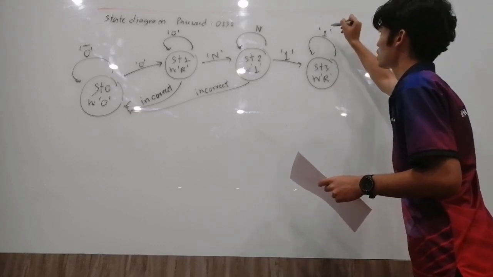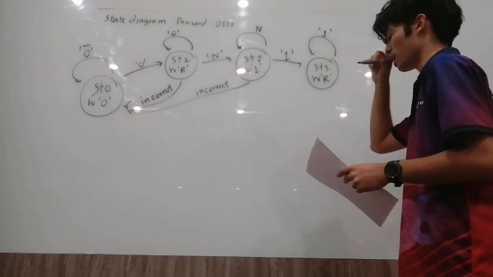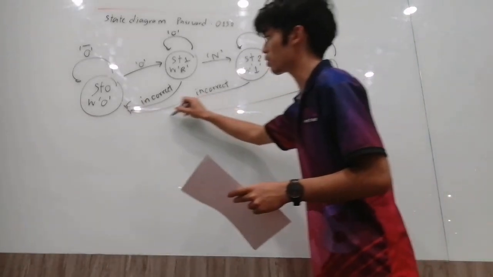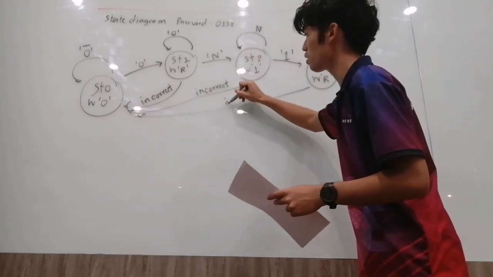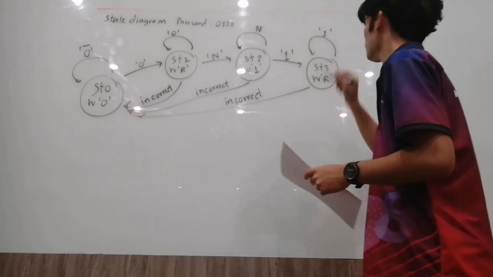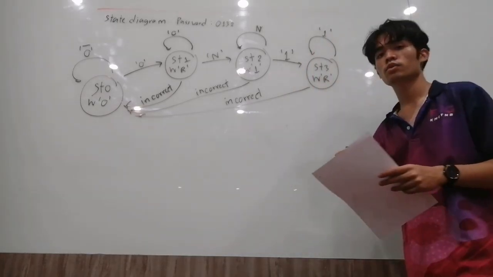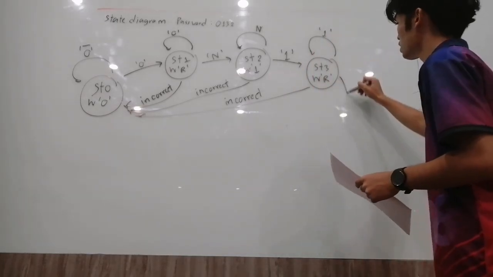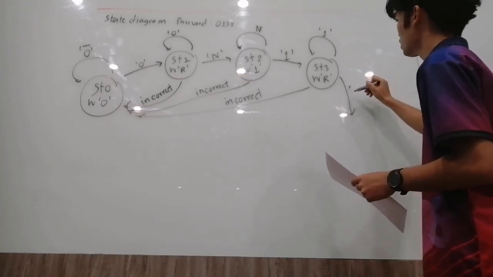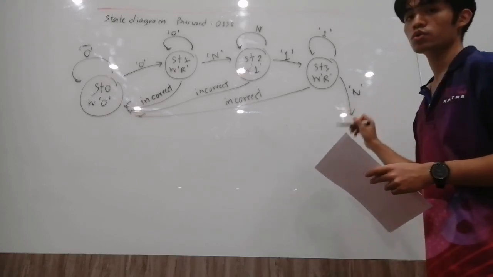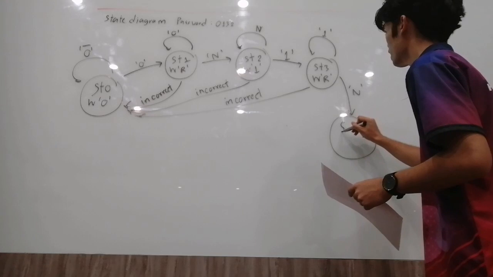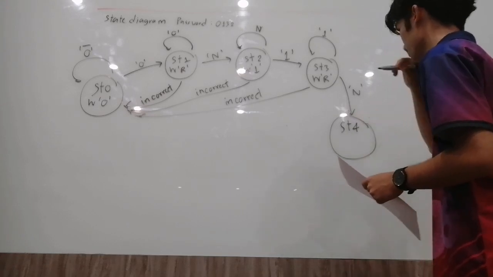Still push 1, it's still in this state. And if it's incorrect, it goes to state 0. And then when we release it, release is no press, it will go to the next state, state 4.